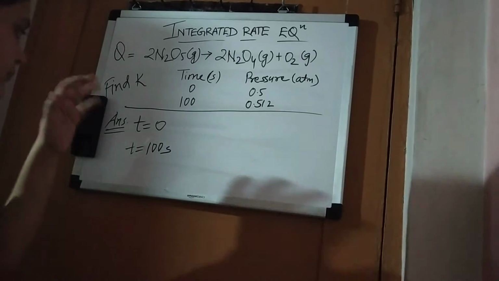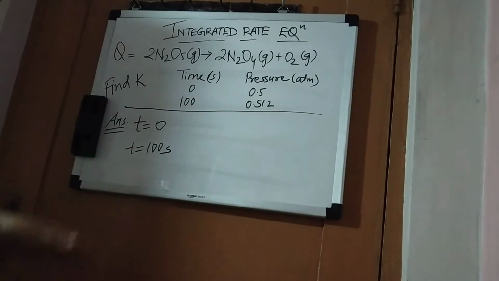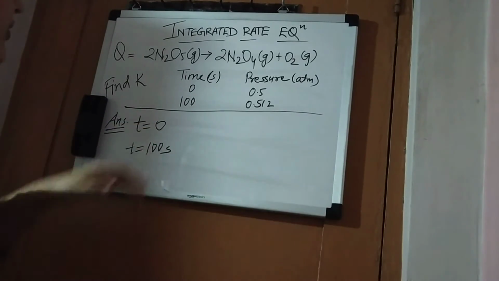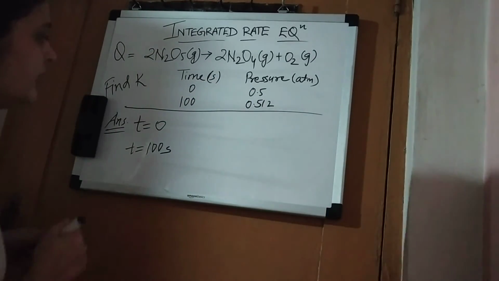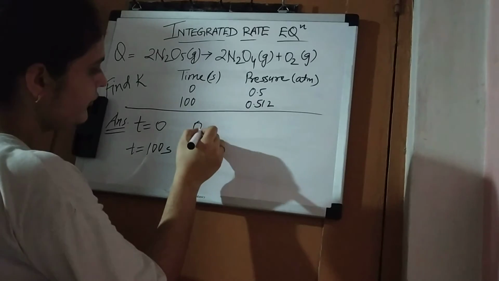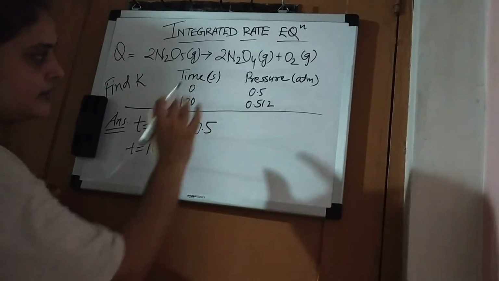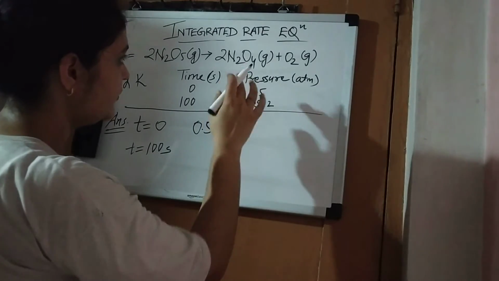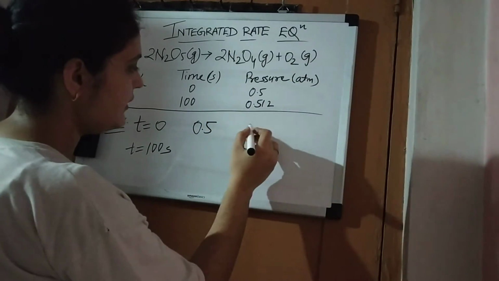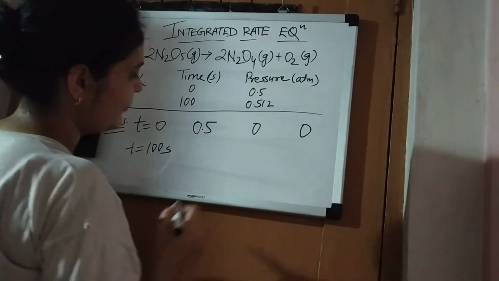Okay, so first we need to see at time 0 the pressure of N2O5 is 0.5, and the initial pressure of the products is 0 and 0, right?